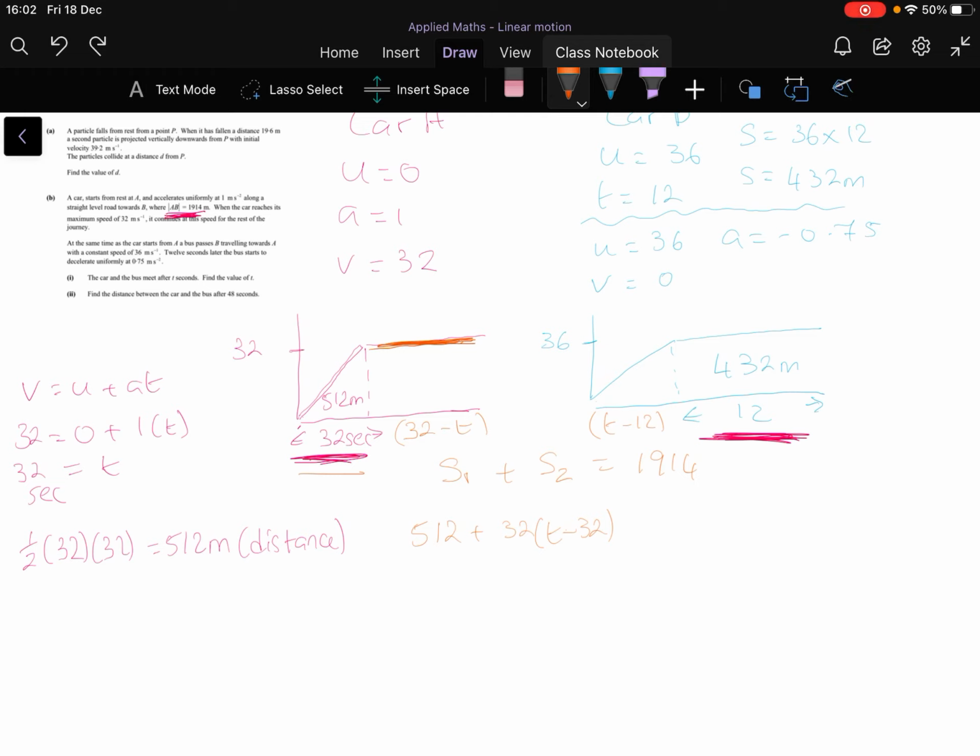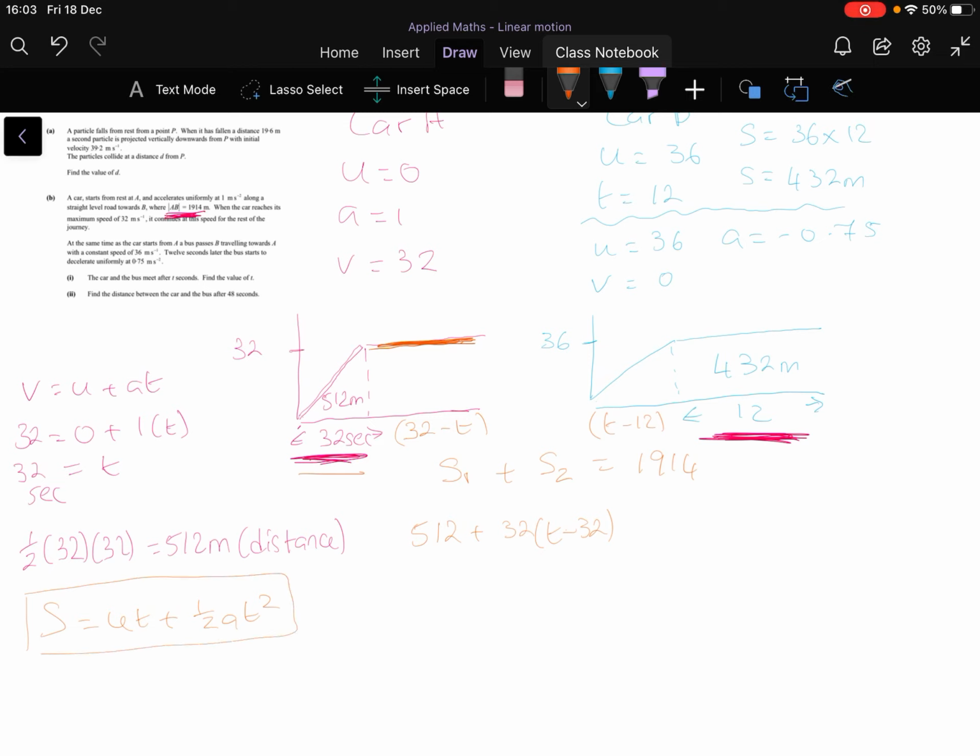So that's my S1. My S2 then, because we are now using this section, we need to figure out how much of this section we're using. To do that, we're going to use the S equals UT plus a half AT squared formula.